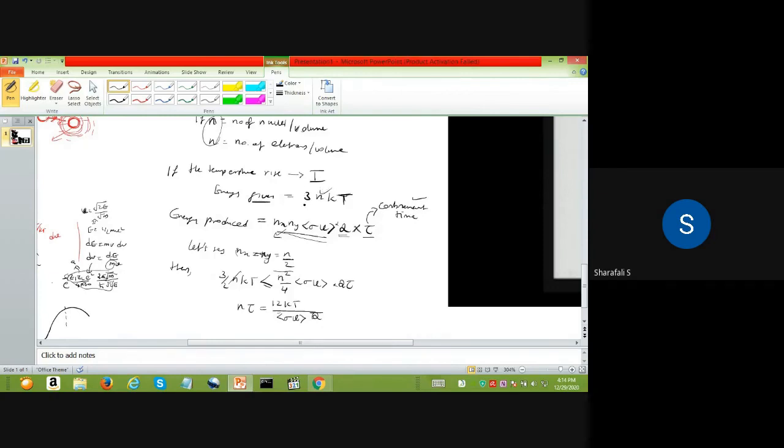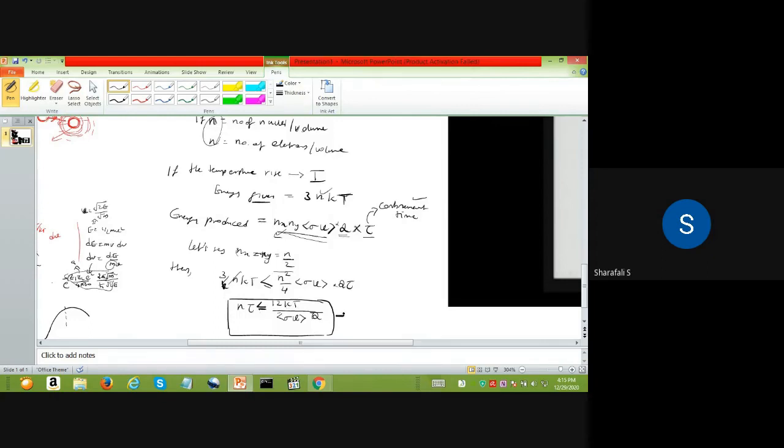In 3 dimensions, kT energy has been provided. So 3 nkT is the total energy given, and this 2 will not be there. So this equation will be like this. So this is the condition, and this will be less than or equal to this.